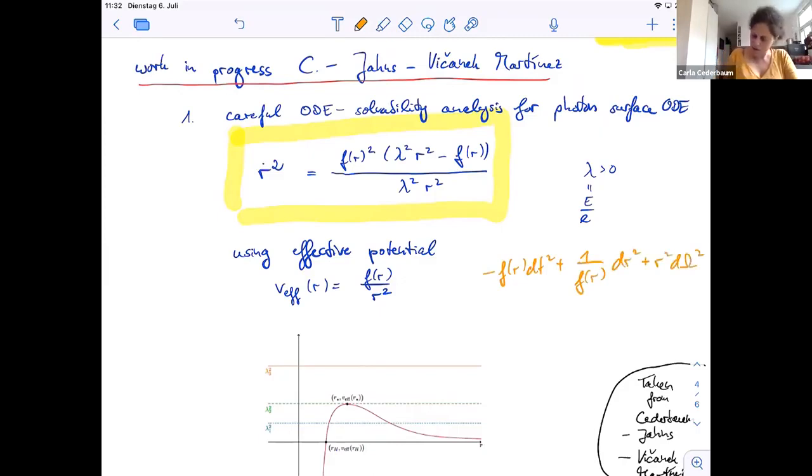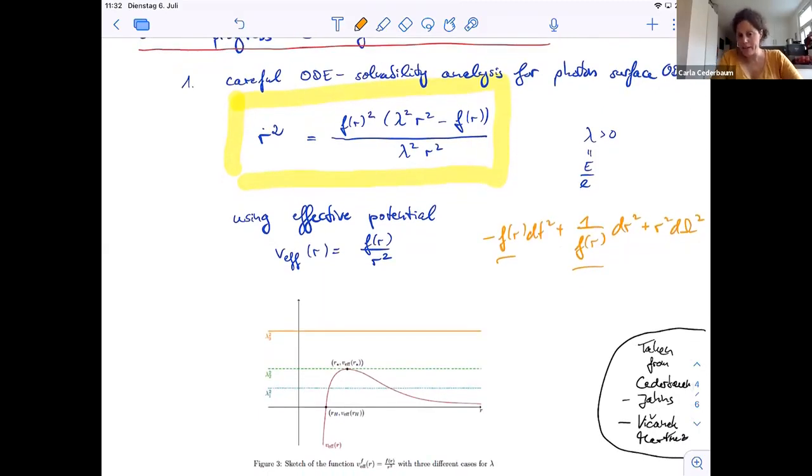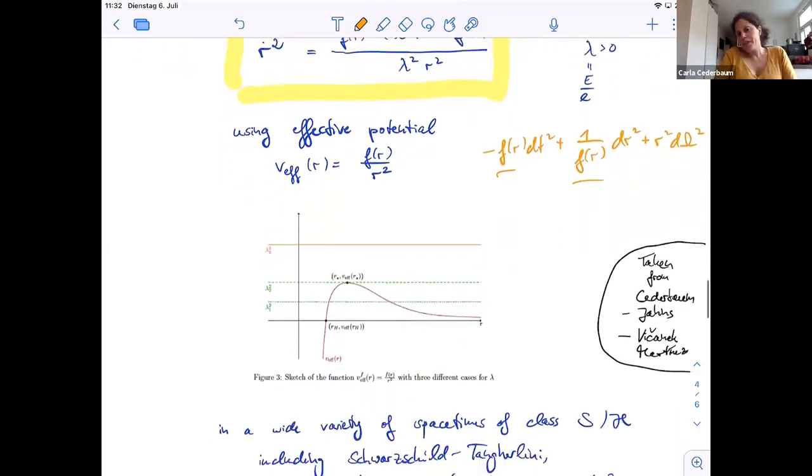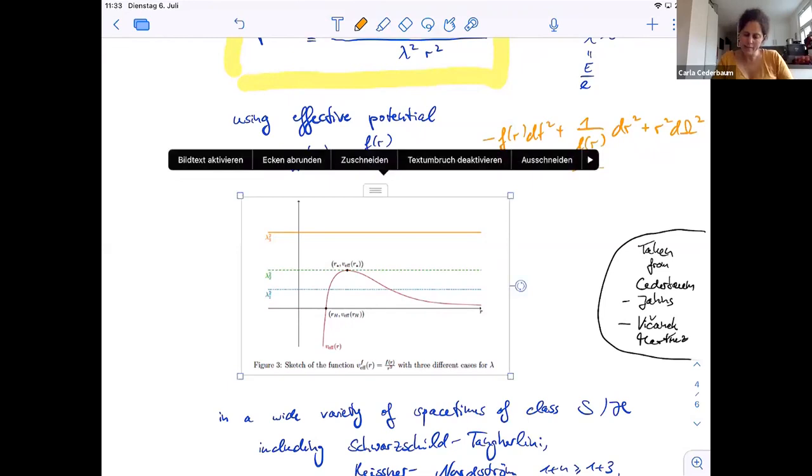So by analogy to this null geodesic analysis, we introduce this effective potential f of r divided by r squared. And then for Schwarzschild, of course, this effective potential looks as in this diagram here.